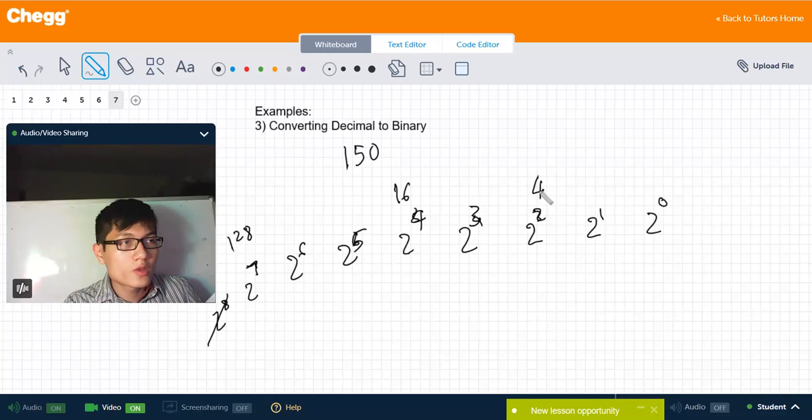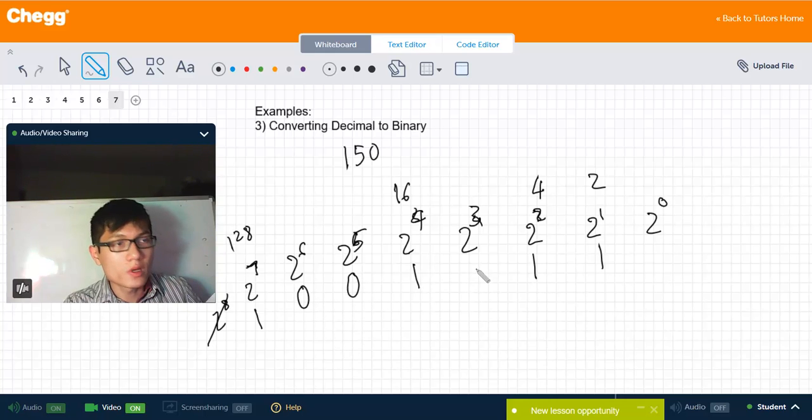So we need 2 more, which is 2 to the 1, which is 2. So 128 plus 16 plus 4 plus 2 is 150. So in these locations, you need to put the 1 because we want to take the value of them, and we want the state to be on. So you put 1 in here, and then the rest you just put 0 because we don't take their value.